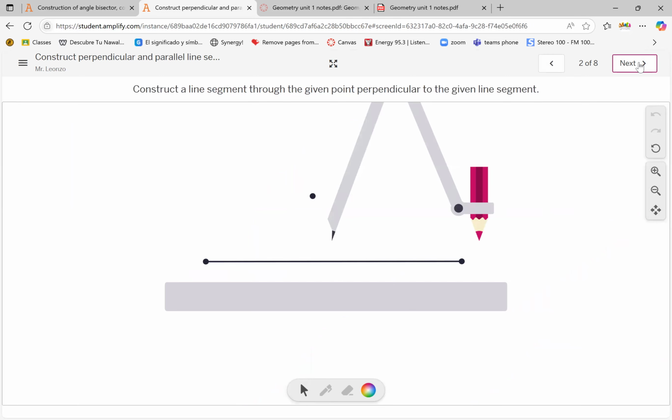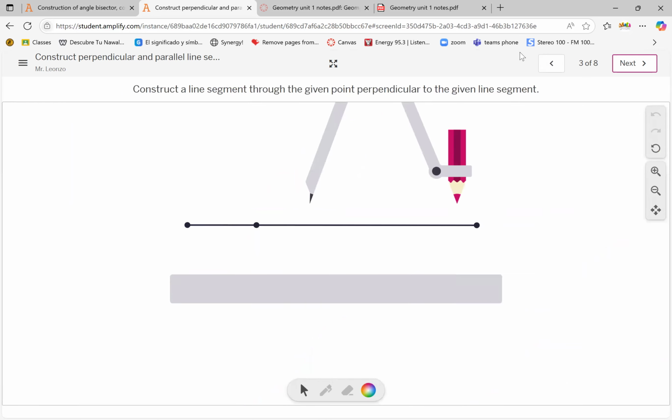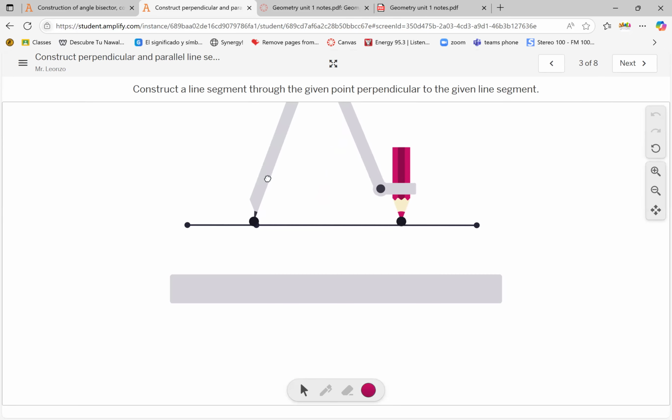You guys will have to do an example number two, the same thing. Now let's take a look at here. Construct a line segment through the given point. So it has to go through that point perpendicular to the given line segment. So it crosses at 90 degrees. Okay. Now what are we going to do? We're going to put our compass.